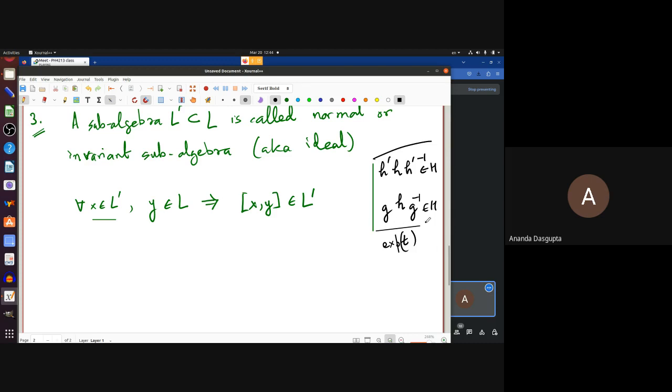Now, if you take an element and do a conjugation, you get something like exponential u, exponential t, exponential minus u, right? Clear? That's the analog of g h g inverse.